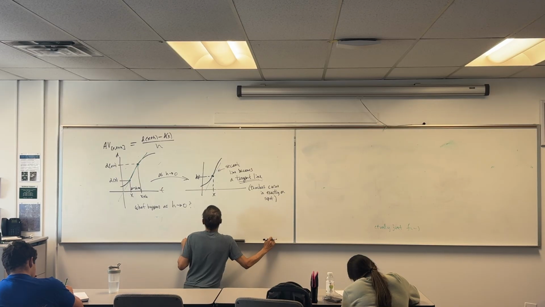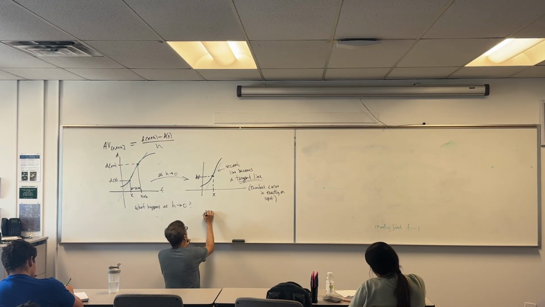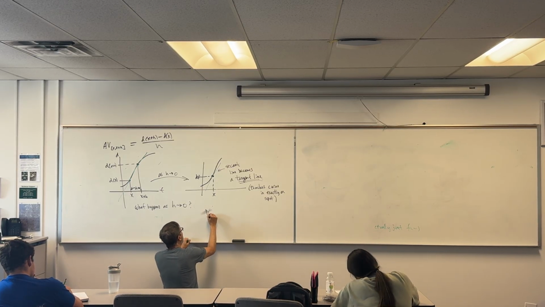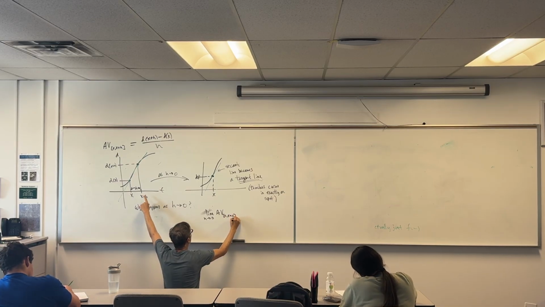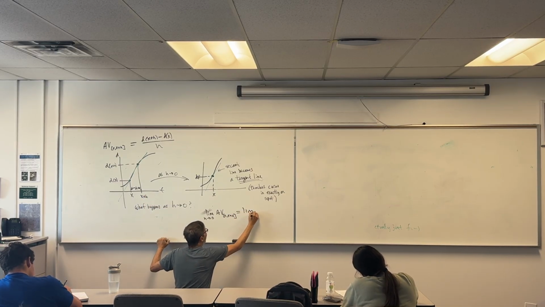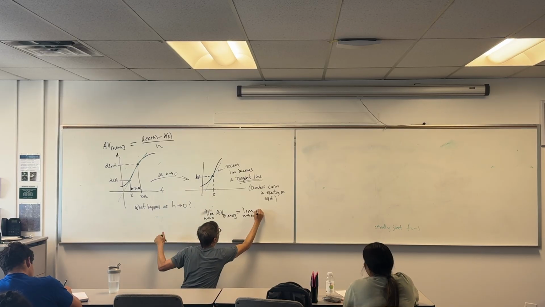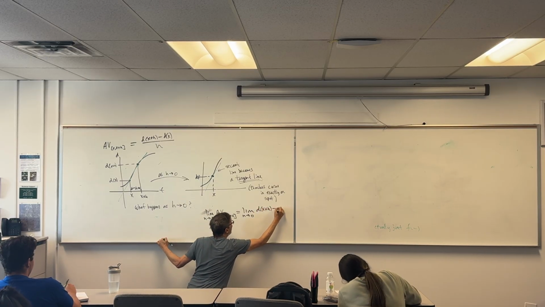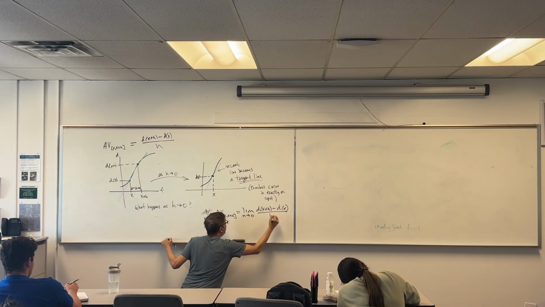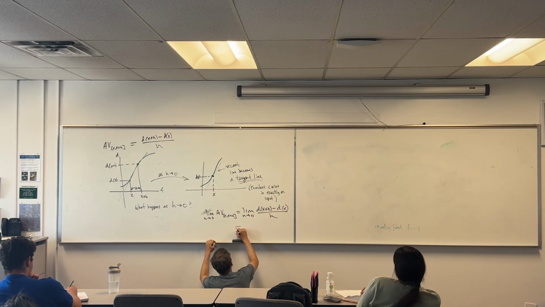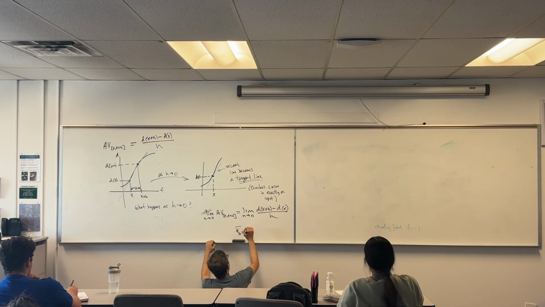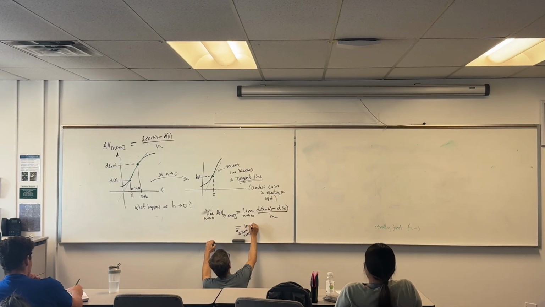This also represents the instantaneous velocity. So if I write limit as h goes to 0 of that critter up there, that is equal to the limit as h goes to 0 of that crazy quotient over h. And that, my friends, if this limit exists, equals the instantaneous velocity.